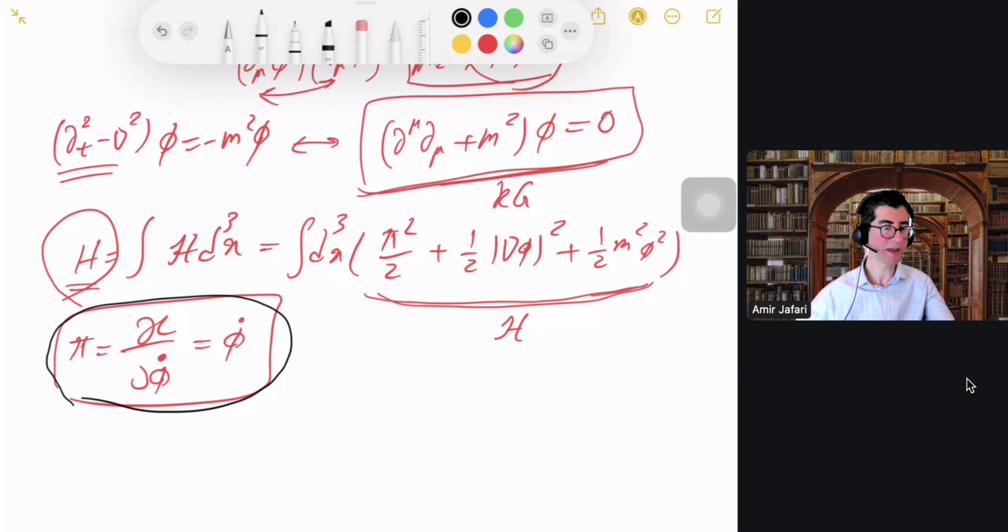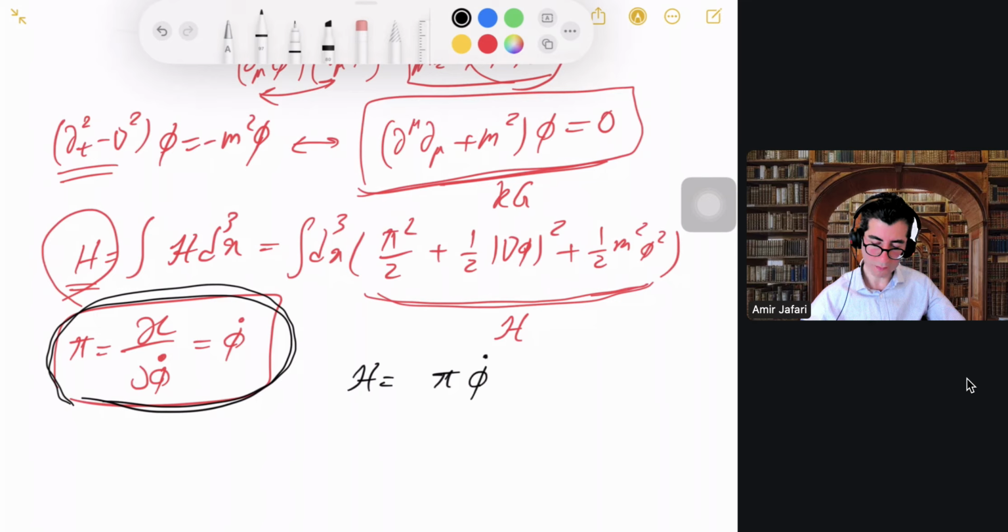Someone asked that, well, in relativity, whenever you have a time derivative, you should have a space derivative as well, but you are defining the momentum pi in this way, and you are doing the Legendre transform in this way, pi phi dot minus L. So why do you prefer time over space?